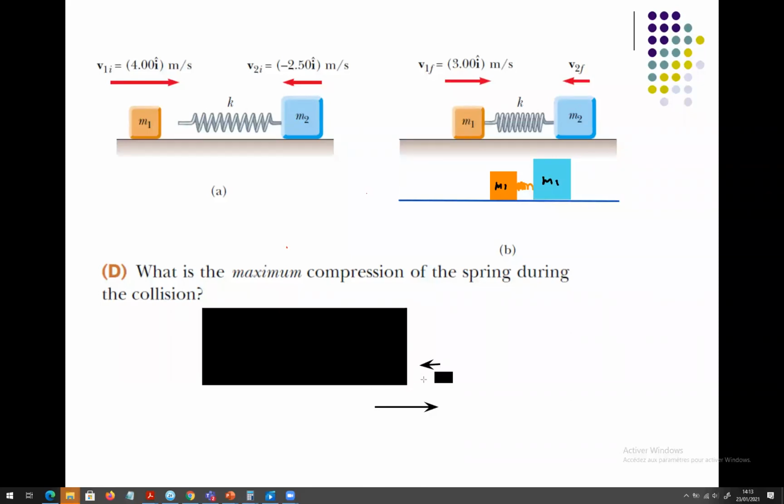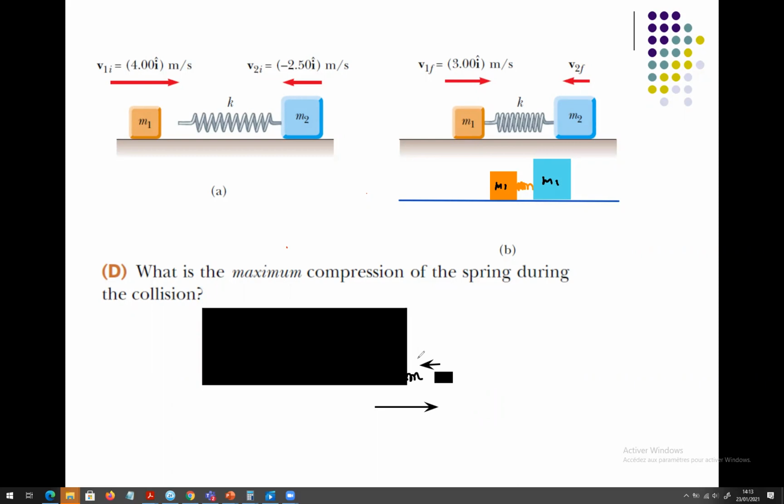When we have a collision between them, and let's say here we have a small spring, when we get a collision, the system will not stop. It will continue to move.